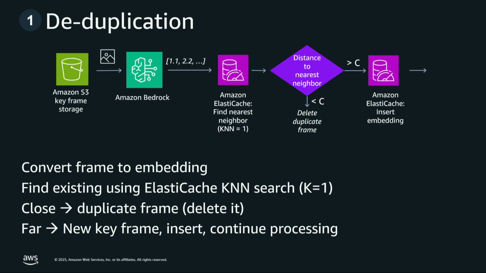Diving deeper into the deduplication and what it means: in the application that Kevin is going to build, it's going to be triggered from an S3 insertion, the creation of an object. Then we're going to take the image, transform it into an embedding, and we'll start by looking for similar images on ElastiCache, on Valkey.